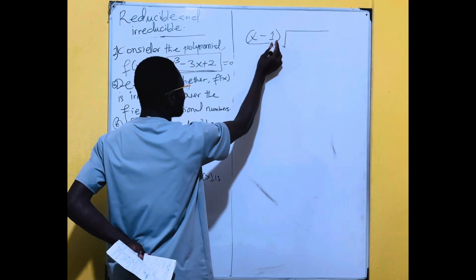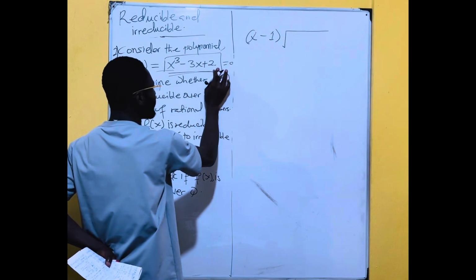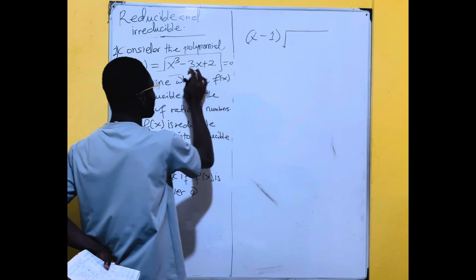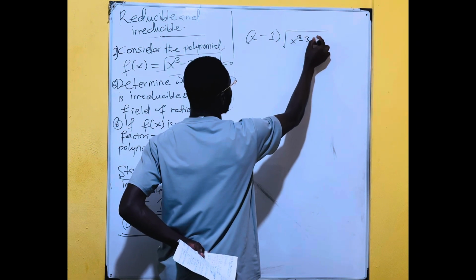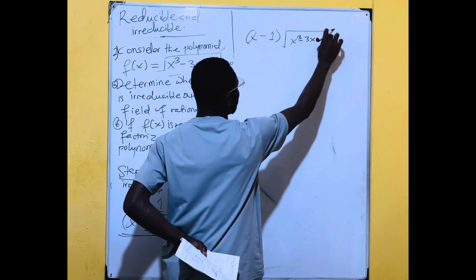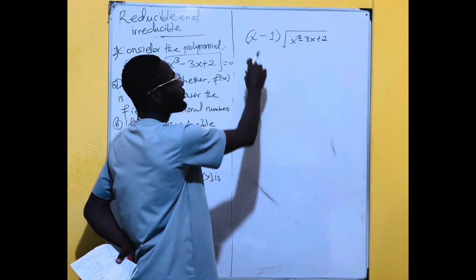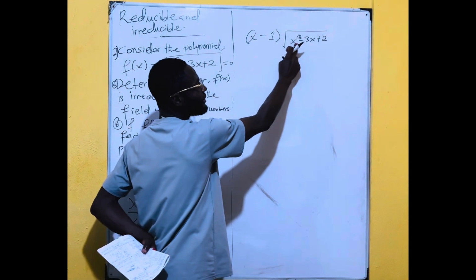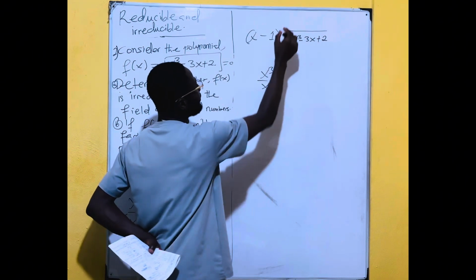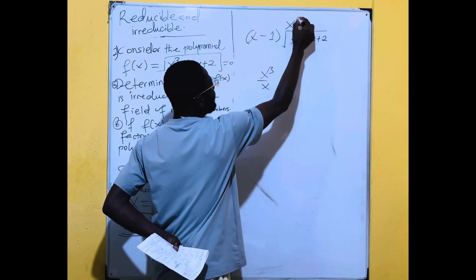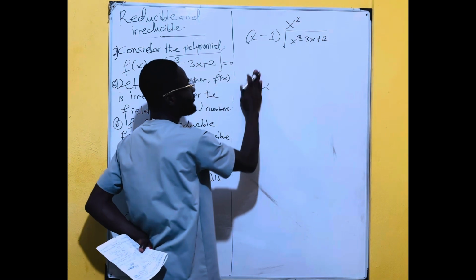Put your divisor here, and this is your function, x cubed minus 3x plus 2. So x cubed divided by x, you get what? x squared. You write it boldly.